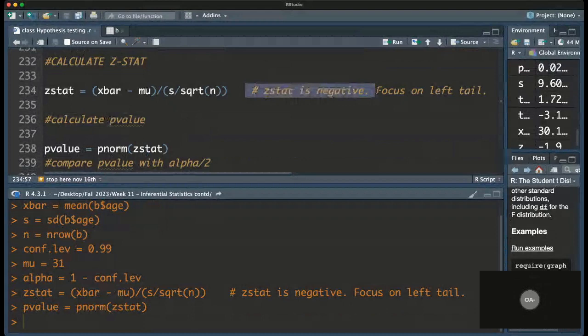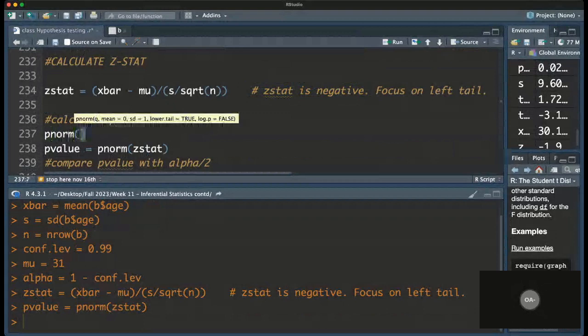What that means, when you are using the pnorm function, the first parameter is your value, in this case, our z-stat, then mean, which is going to be 0 for us, then standard deviation, which is 1, then lower tail is true. That's the left tail. The lower tail is the left tail. Now, because our z-stat is negative, we want to focus on our lower tail, which is what is written here as left tail.